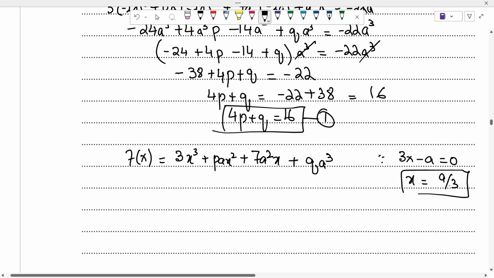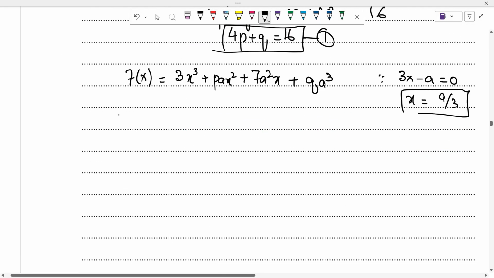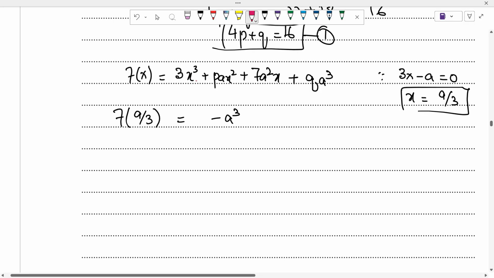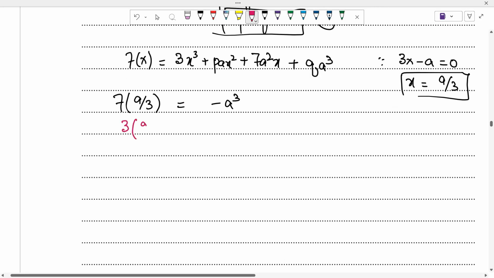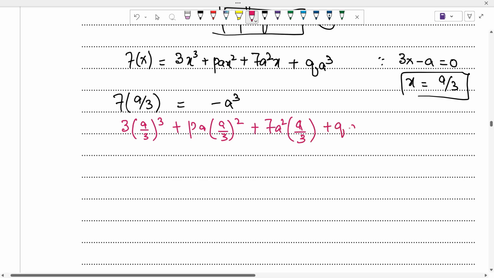When we plug in this value of x, we will have the remainder, which is negative a cubed. So f of a over 3 is equal to negative a cubed. Now plugging x equals a over 3 in f of x, we will have 3 times a over 3 cubed plus pa times a over 3 squared plus 7a squared times a over 3 plus qa cubed equals negative a cubed.